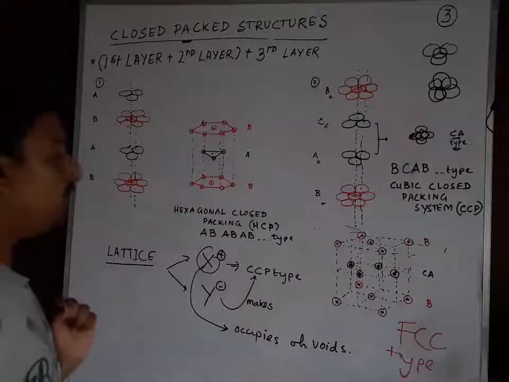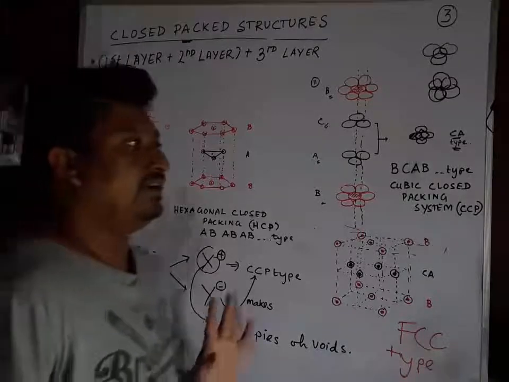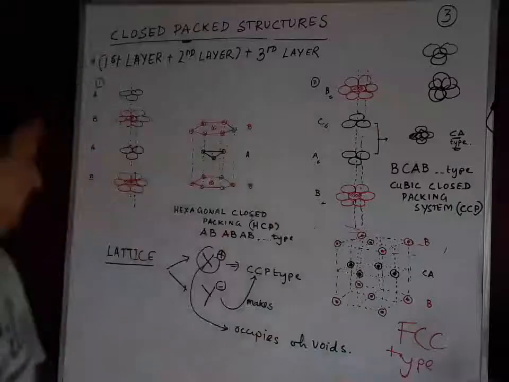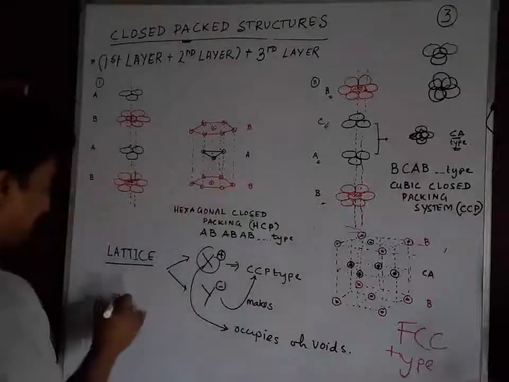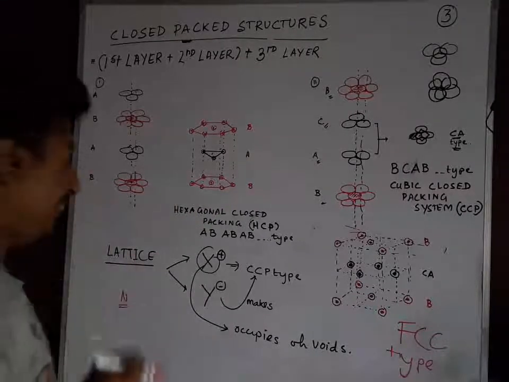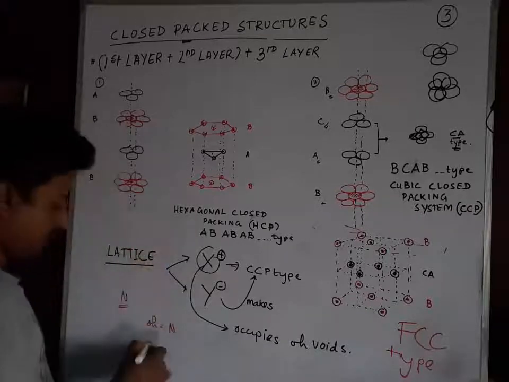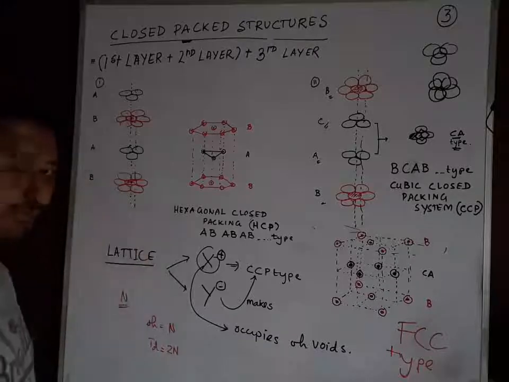So what we know is, if n is the total number of atoms in the lattice, then the number of octahedral voids is n and the number of tetrahedral voids is 2n. Clear?